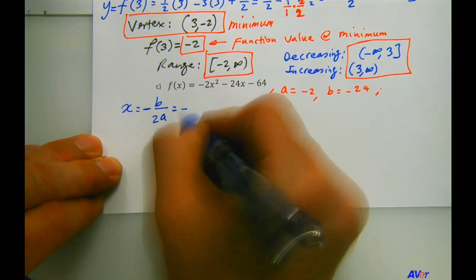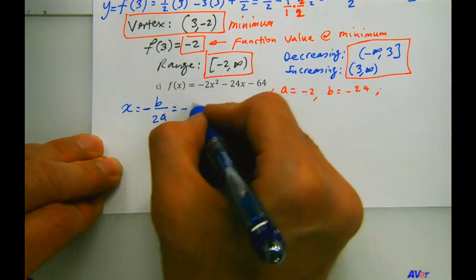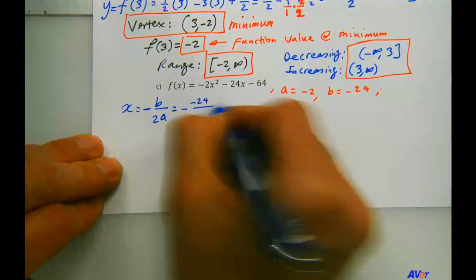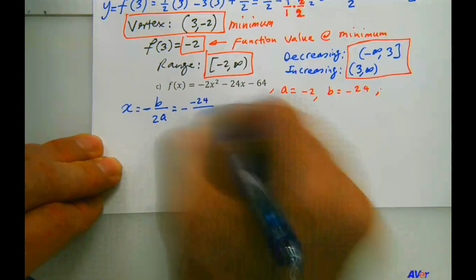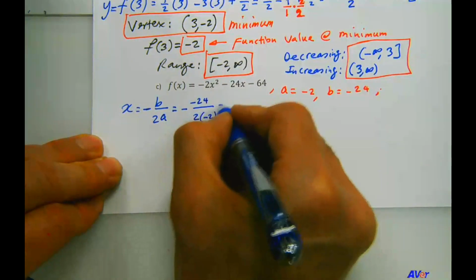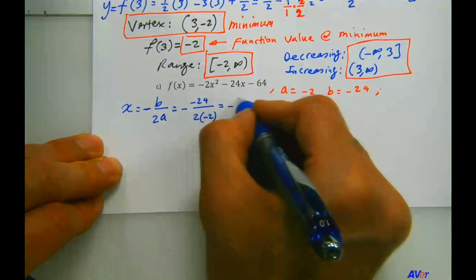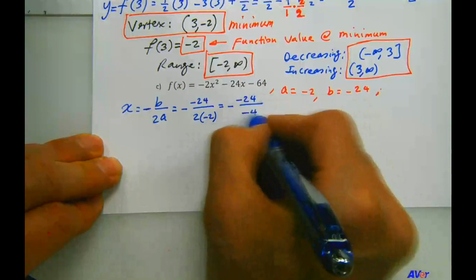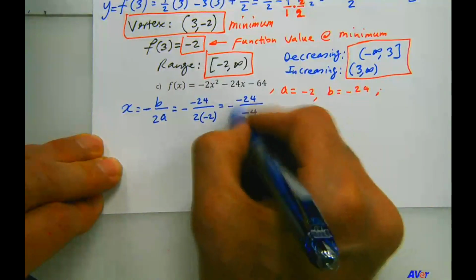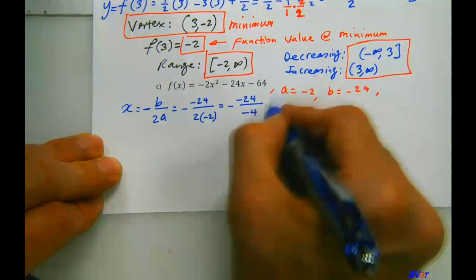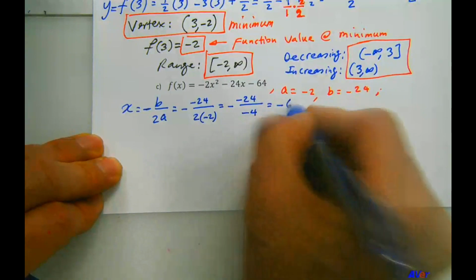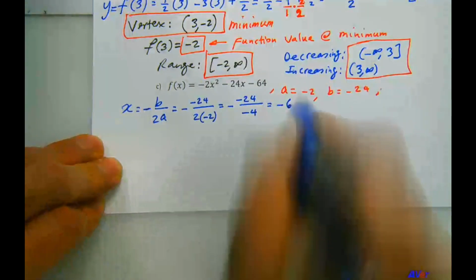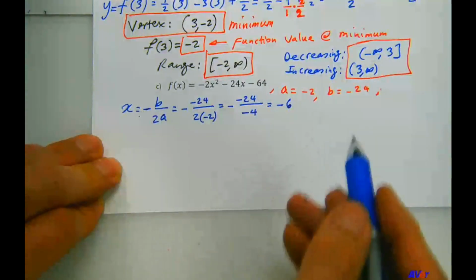So then minus b is minus 24. 2a would be 2 times minus 2. So we have minus 24 divided by minus 4. We have 3 negative values multiplying each other, so we're going to end up with minus 6. Okay, that's the x component of the vertex.